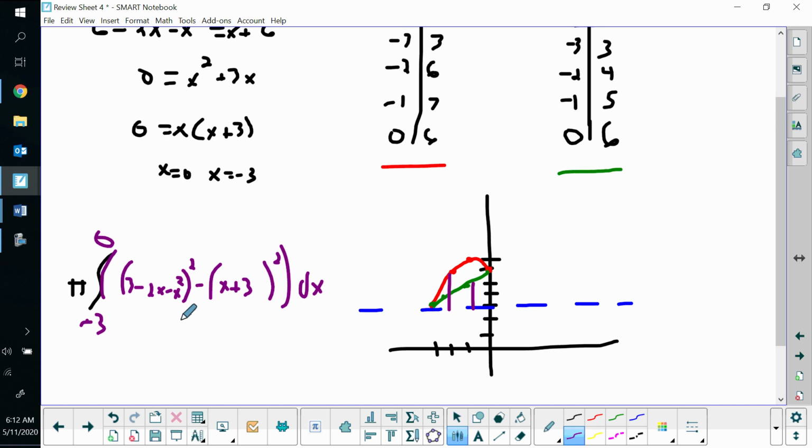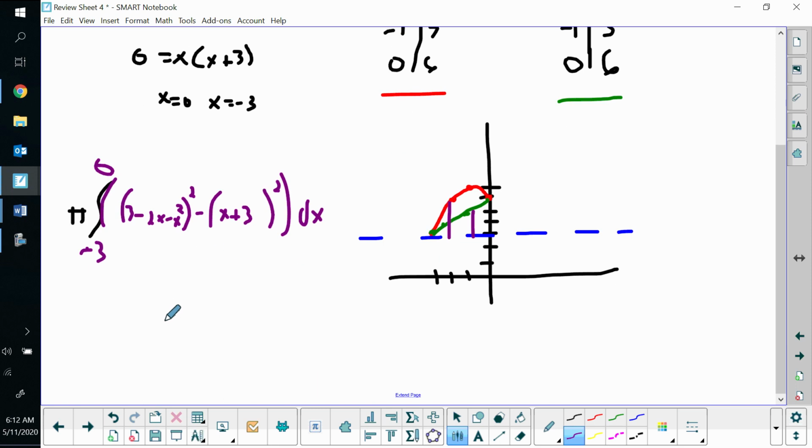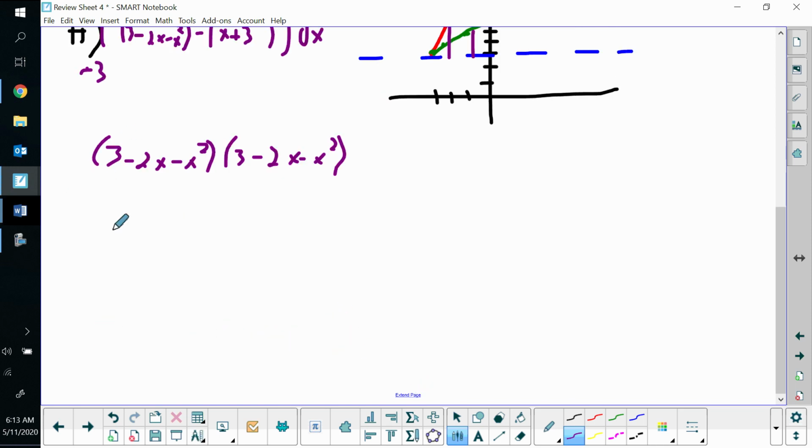So this one is going to be a little bit of a pain to multiply out, because we've got 3 minus 2x minus x squared times 3 minus 2x minus x squared. If we distribute the first 3 through, we'll get 9 minus 6x minus 3x squared.